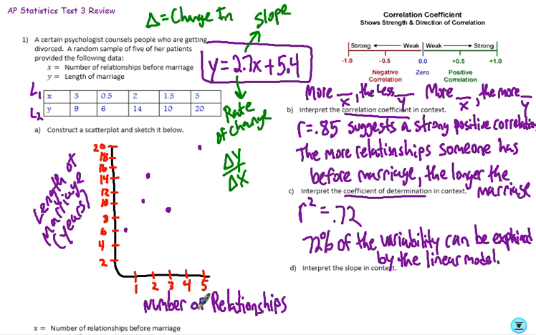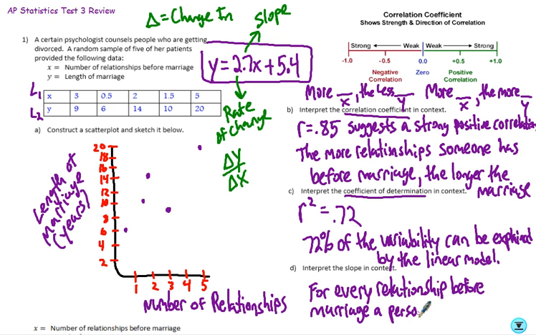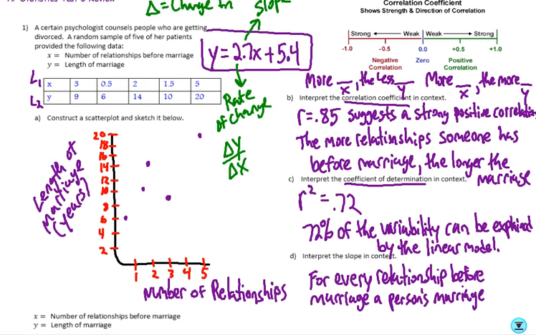So what we can say here is that for every relationship before marriage, a person's length of marriage will increase by approximately 2.7 years, at least this is predicted.